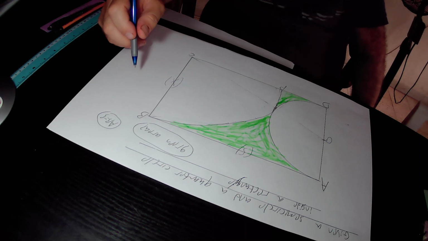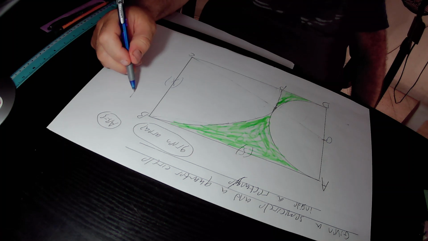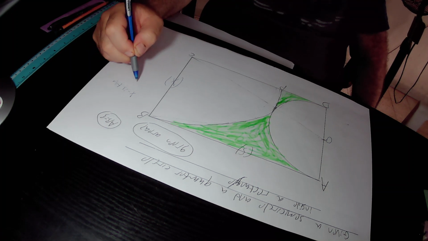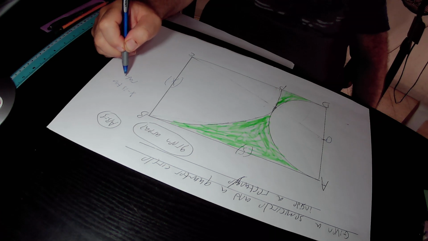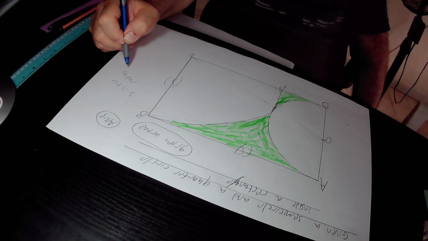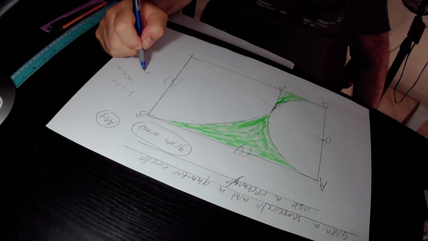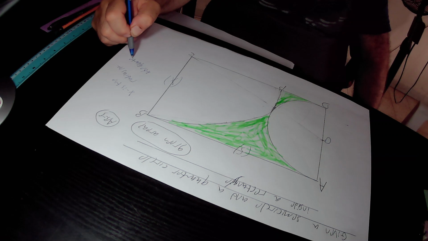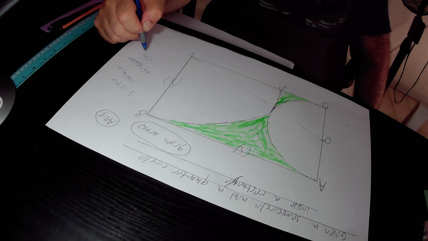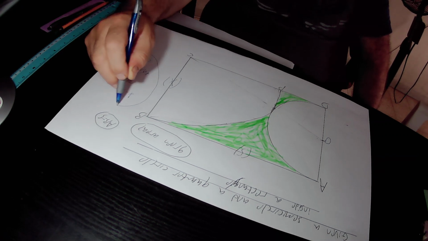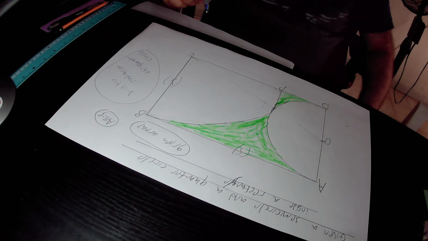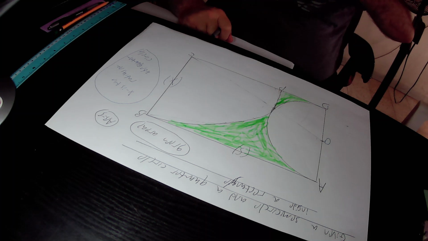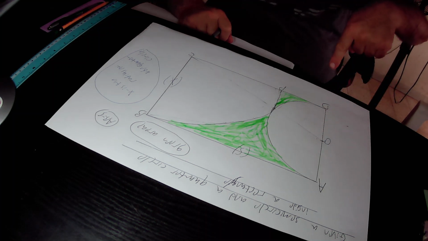Again, x is the radius of the quarter circle according to our definition. But the radius of the quarter circle is also the diameter of the semicircle.